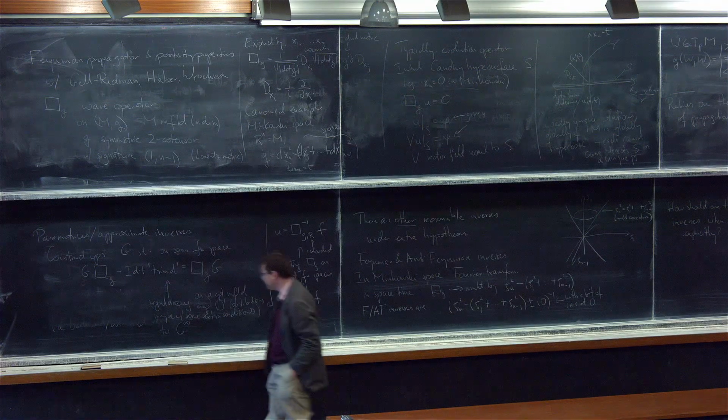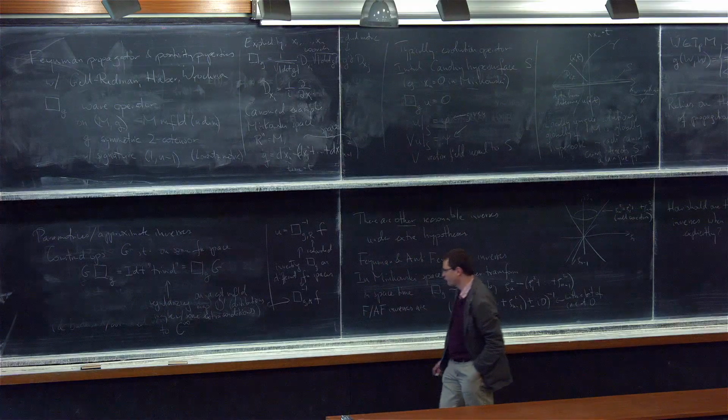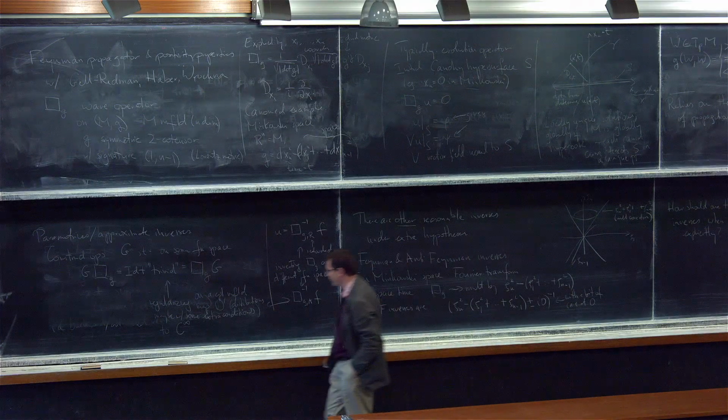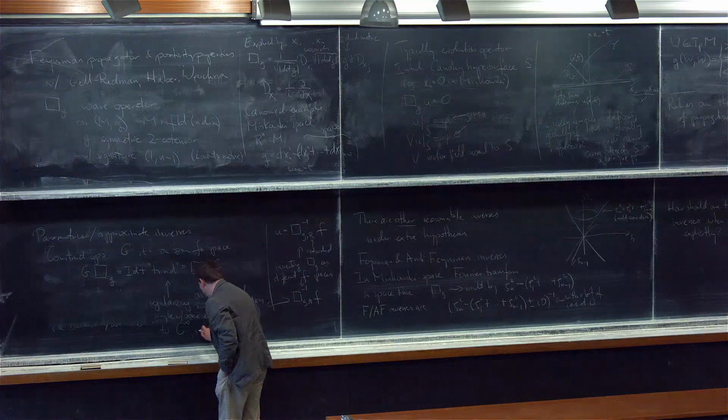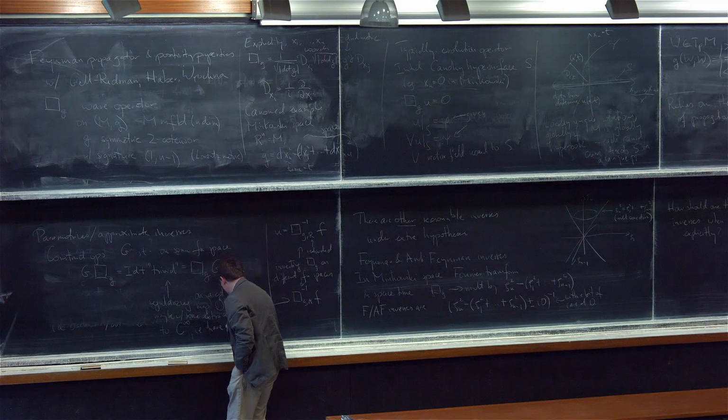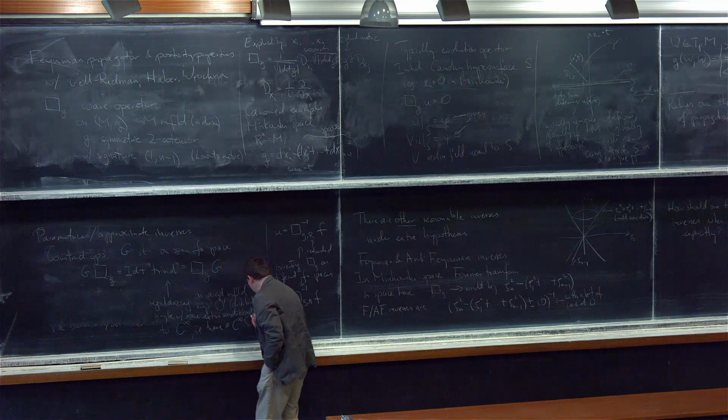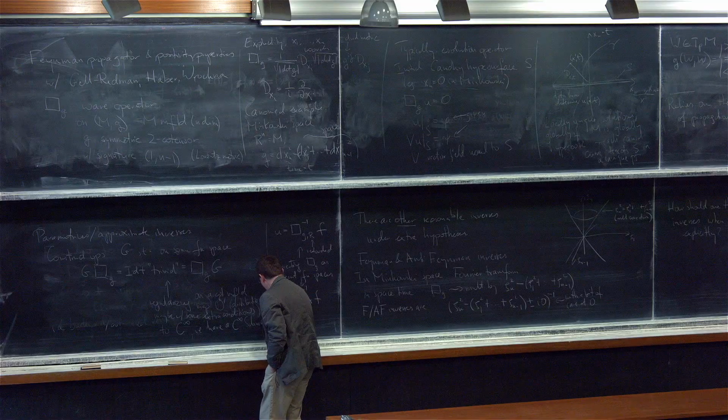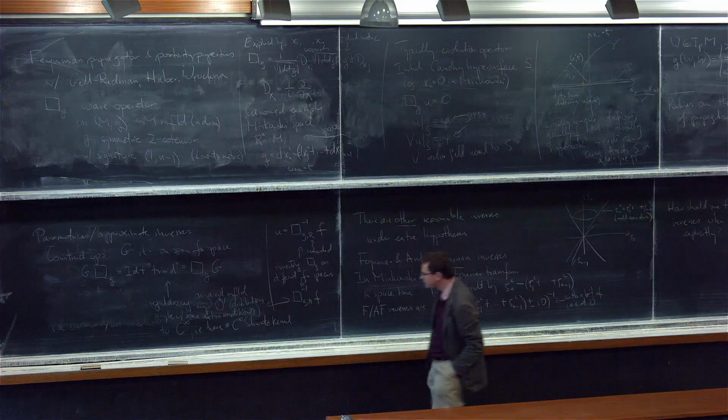A different way to put it, by the Schwartz kernel theorem, is to have a C infinity Schwartz kernel. So it's really an integral operator with a C infinity Schwartz kernel.